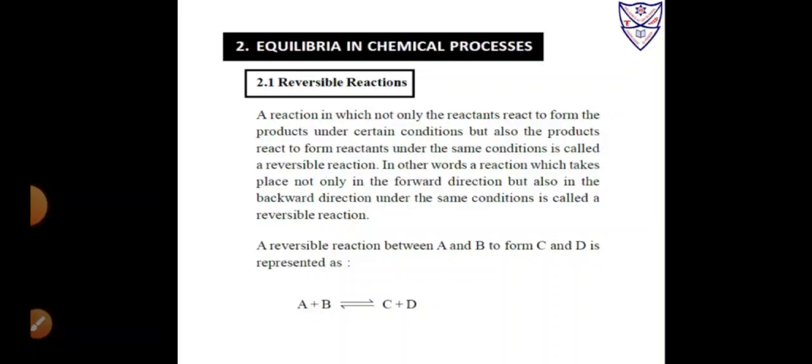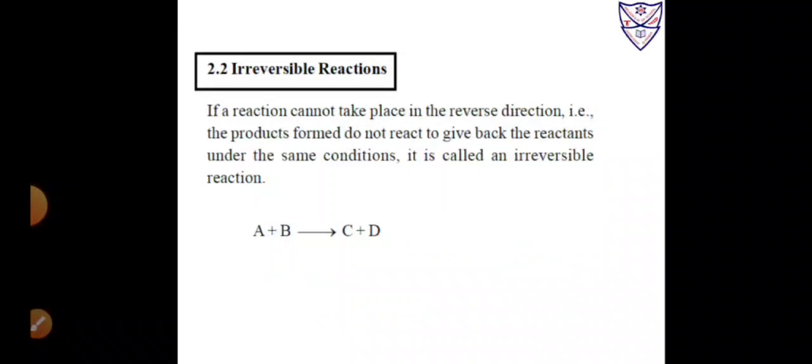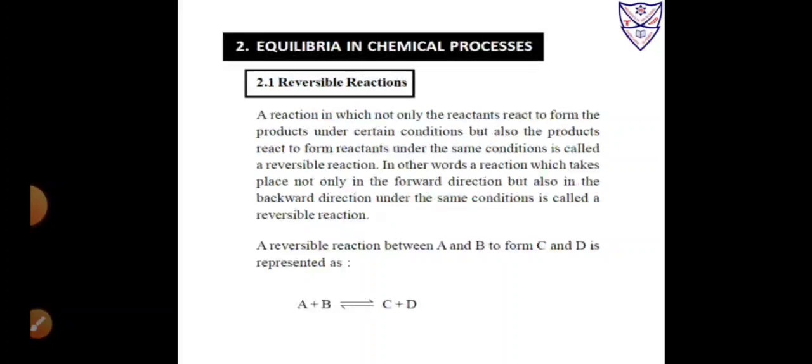Forward reaction shows what? A plus B is a forward reaction. C plus D is the product. So when C plus D again reverts back to A plus B, that is a backward reaction. So this is a reversible reaction.